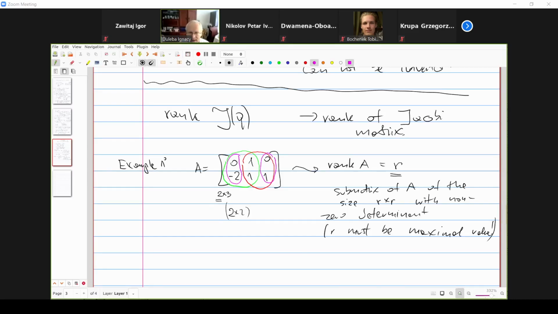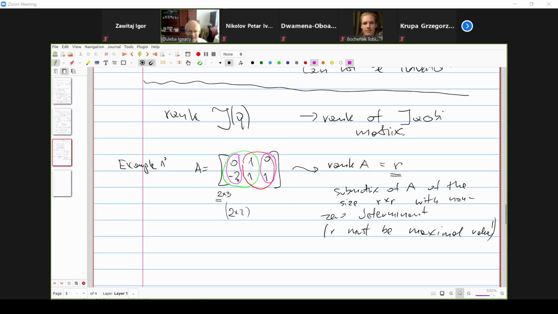Okay. And if I find a single submatrix with non-zero determinant, I don't need to check any other submatrices.